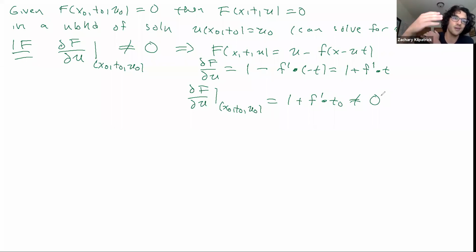The thing that we found by plugging in the solution had to do with computing ux and ut. But because that is the solution, it's telling us that solution is meaningless if this implicit function theorem condition is not satisfied. Does that make sense? Okay, yeah, I think so.